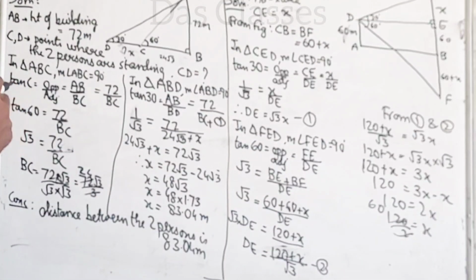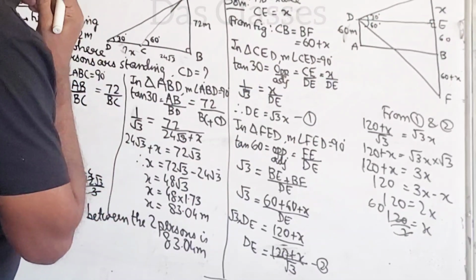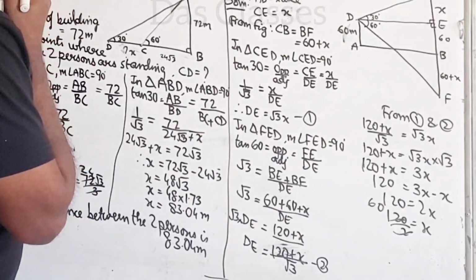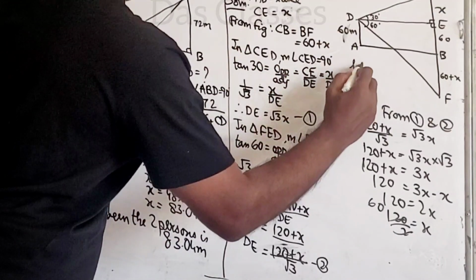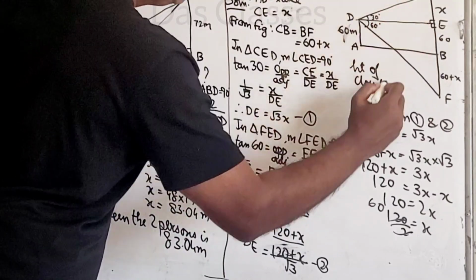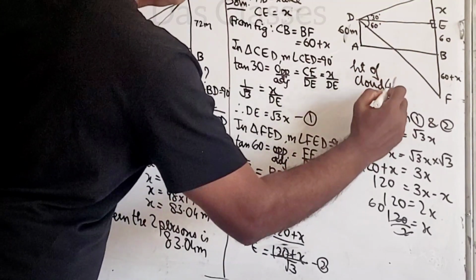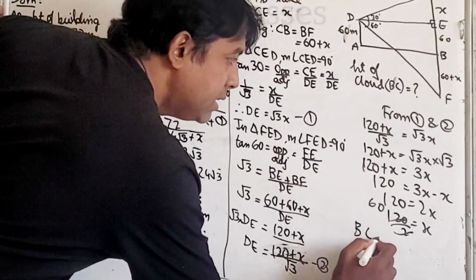Height of the cloud. So basically the height of the cloud is from the lake to the top, isn't it? We had to find out the height of the cloud, which is BC. So what is going to be BC?